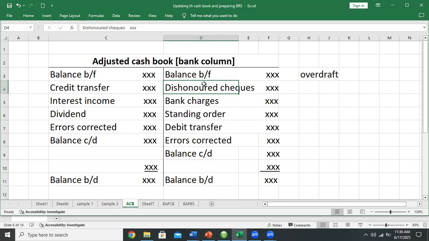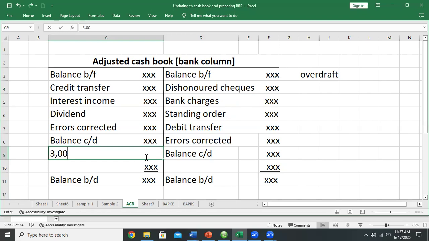Because it doesn't connote any payment. That's why I'm explaining further. The dishonored check is not a payment, but it is to cancel an earlier amount. So for example, if you received a 3,000 Ghana cedis check from your customer, you go to the bank and they say, we will not pay this 3,000 because the check is not good. The date is wrong.